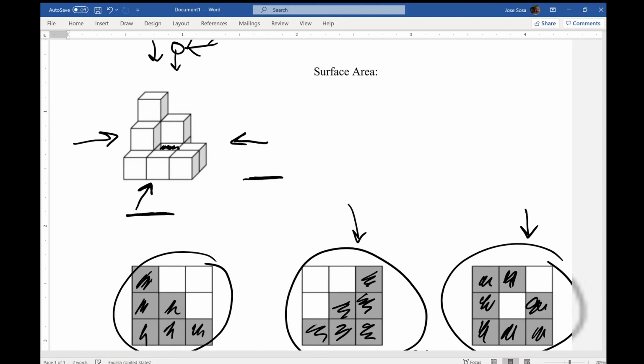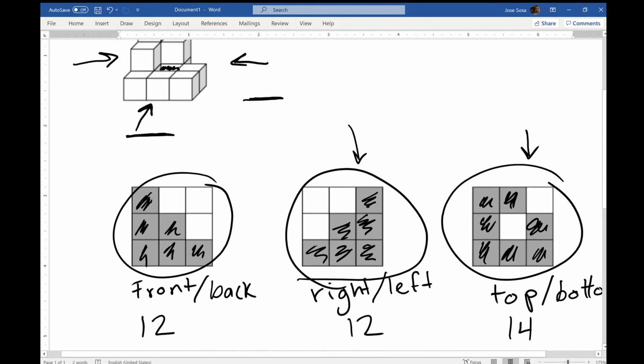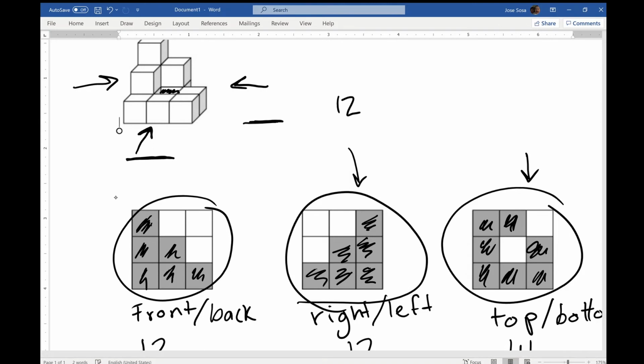that the surface area of this solid is actually 12 from here, another 12 from right here. I'll get rid of this arrow so it doesn't confuse you. And then 14 for the top and bottom.